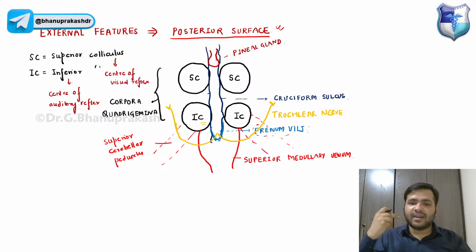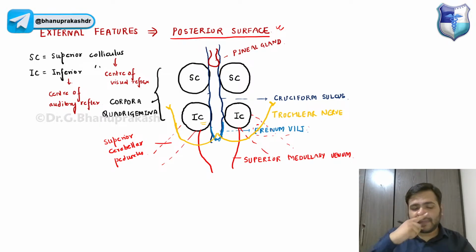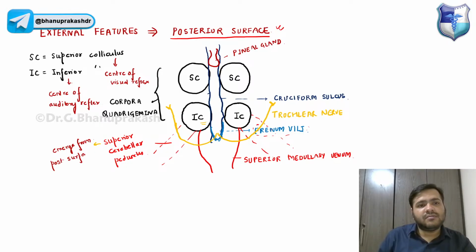They are not passing the superior cerebellar peduncles. Now, what are these superior cerebellar peduncles, guys? You already know that they emerge from the posterior surface of the midbrain. You can see the posterior surface, obviously they come from there, the superior cerebellar peduncles.